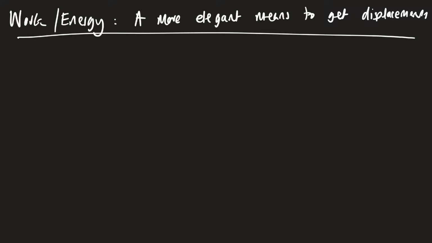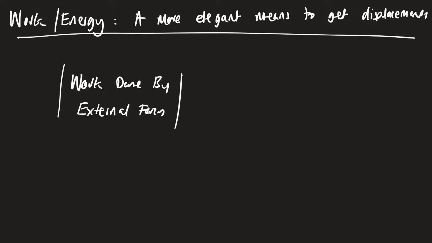But we can think in terms of work and energy instead. And the governing equation that we're going to use will say that the work done by external forces is equal to the internal energy of the structure.